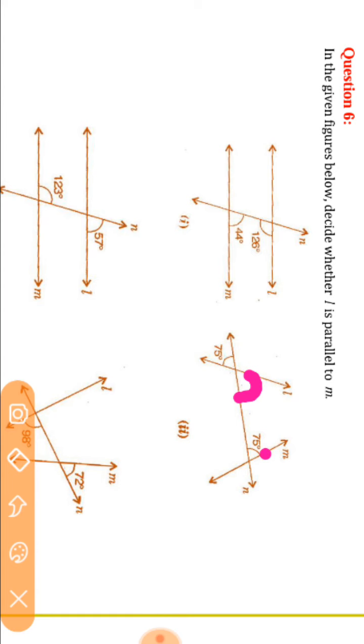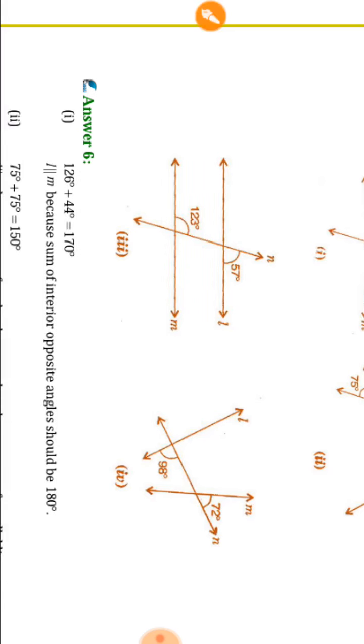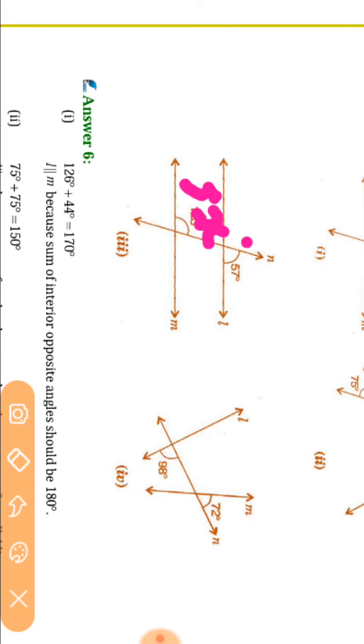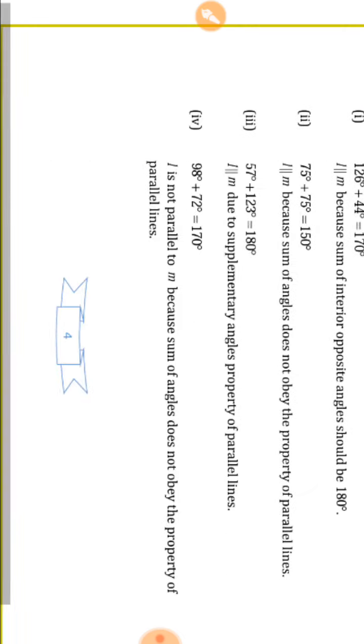It gives 150, means this is also wrong. This is also not parallel. Then here, same here, 57, means this is a vertically opposite angle. This is automatically 57. Directly you can check 57 plus 123, whether the sum is 180 degree or not. Yes, it is 180 degree due to the supplementary angles property of parallel lines.